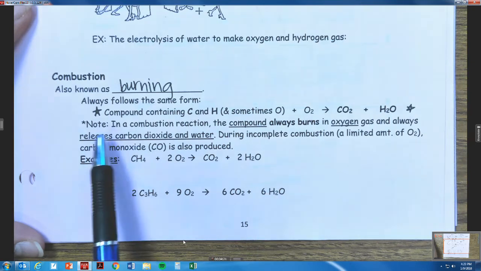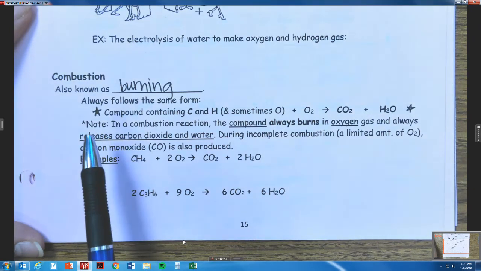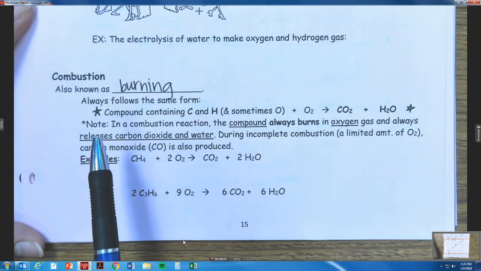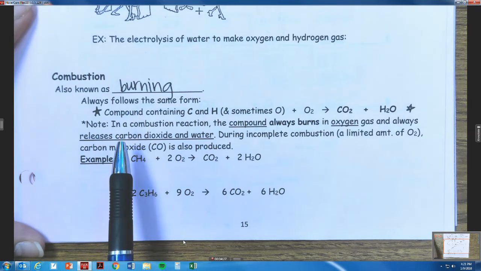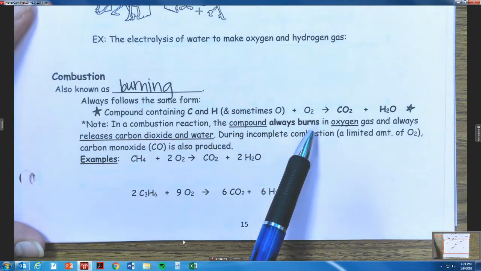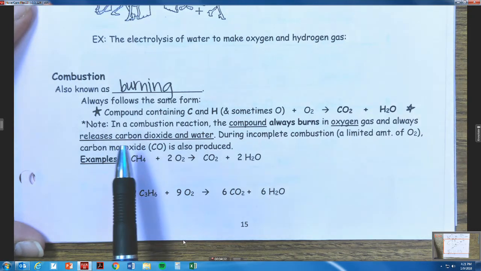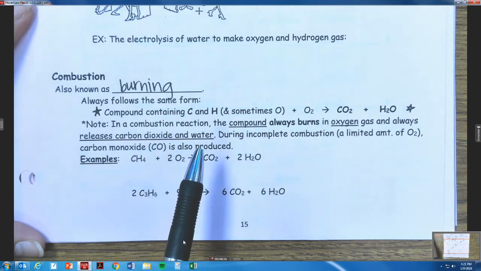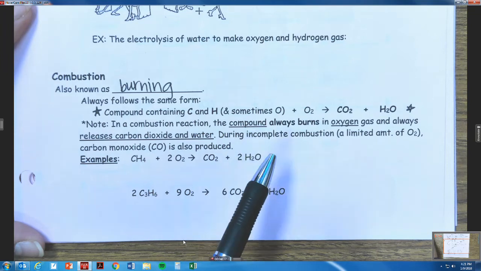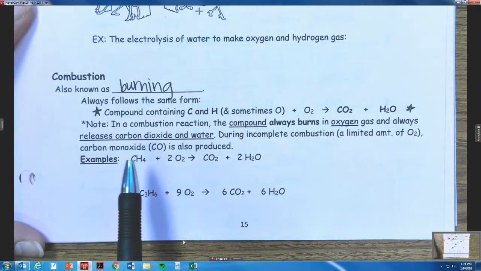This is a very important note right here. In a combustion reaction, the compound always burns with oxygen gas and always releases carbon dioxide and water. During incomplete combustion, carbon monoxide is also produced.